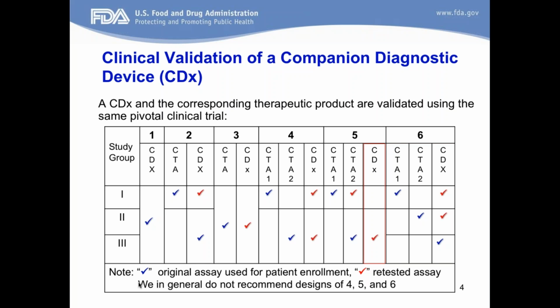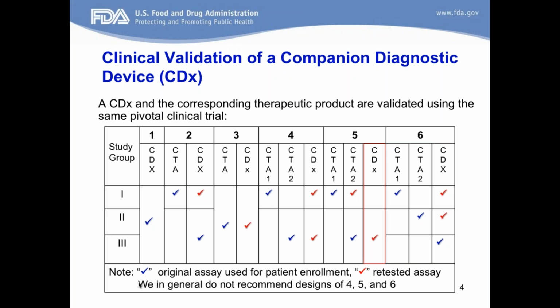For the second study design, in my later talk, I will call it partial bridging. So study group 1 is enrolled based on the CTA marker status. For this group, the patient sample has to be retested by CDx so that the patient marker status can be determined by CDx.